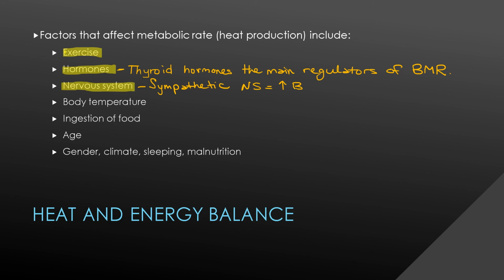So we'll just put increase, not our basal metabolic rate, but increase our metabolic rate, MR. Body temperature will also affect metabolic rate and therefore heat production. So the higher the body temperature, the higher the metabolic rate. Ingestion of food also will raise the metabolic rate 10 to 20% due to the energy costs of digesting, absorbing, and storing nutrients.